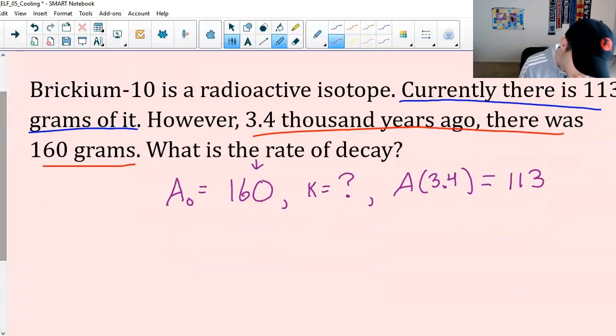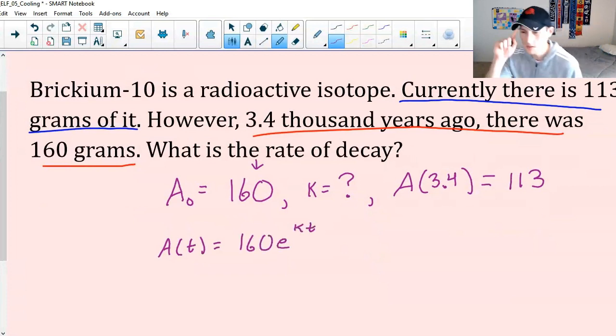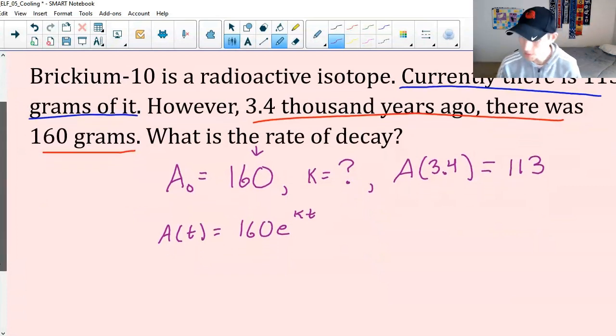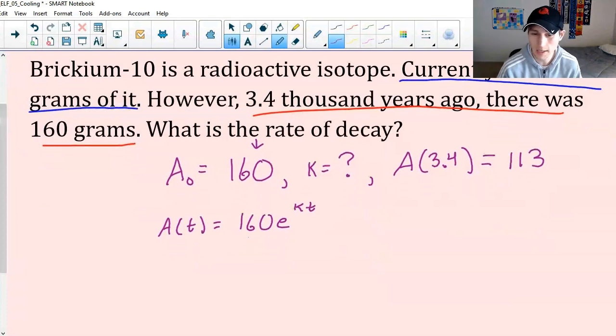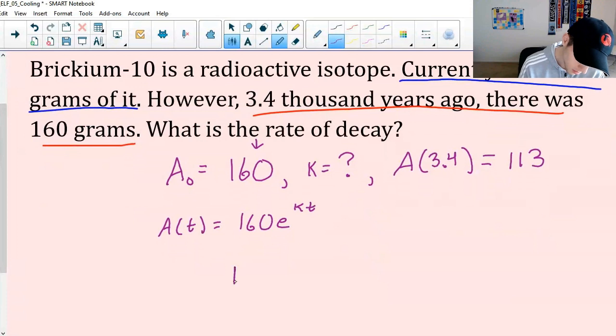So I'll make my model: 160 e to the power of k times t. That's all we can put so far because we don't know what k is, but we're going to figure it out using the fact that 3.4 thousand years go by and now there's only 113 left.